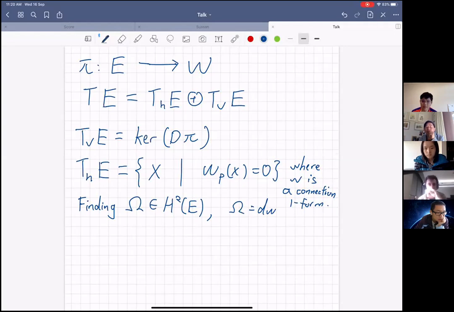The connection one form is zero. Is that a connection one form? Because it's not a precise connection form. Usually for a connection form you have a structure group. Here the structure group is the symplectomorphisms, and then the algebra is very big.